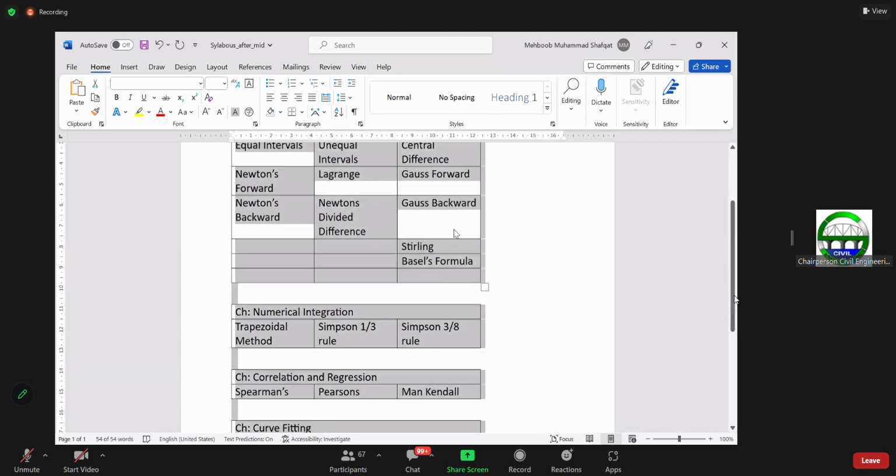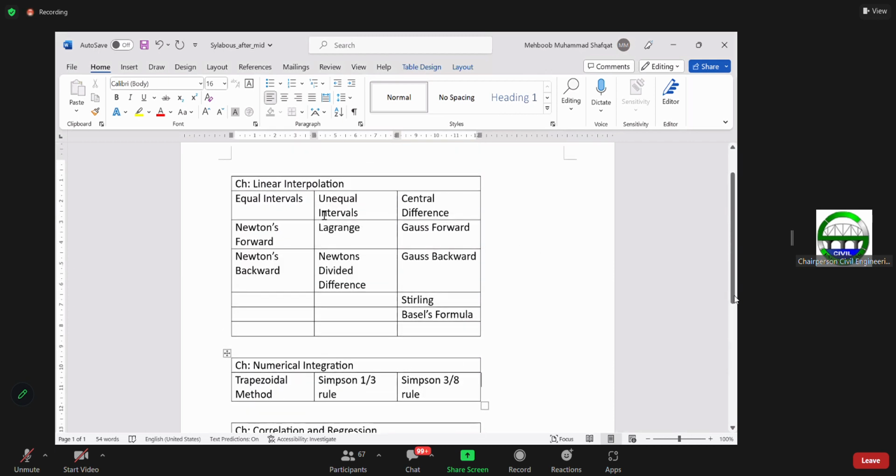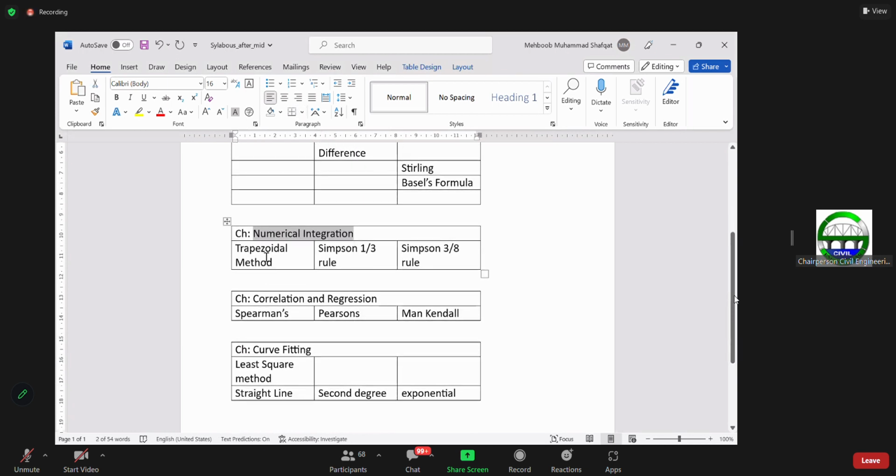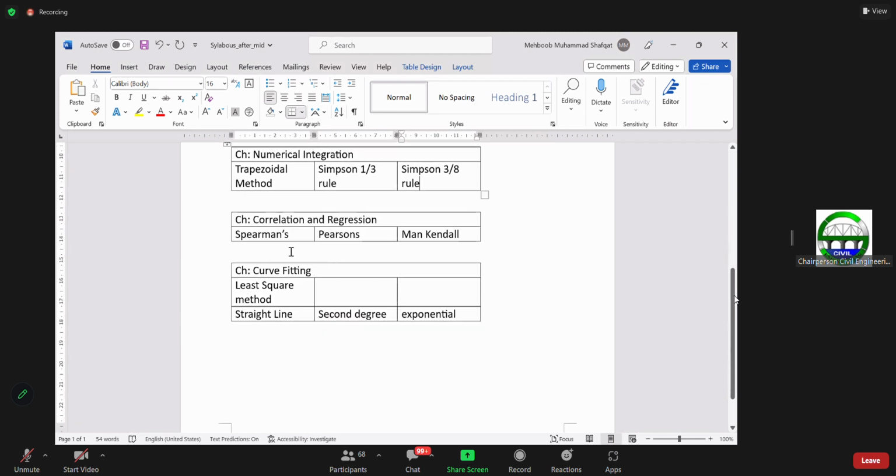Maybe I should make it bigger. We have a linear interpolation chapter first, in which we talk about equal, unequal, and center difference, Newton forward, backward, Lagrange, and Newton divided difference. Then numerical integration: the trapezoidal, Simpson's 1/3 rule, and Simpson's 3/8 rule. And finally, we have correlation.